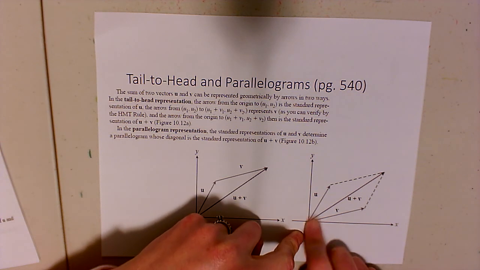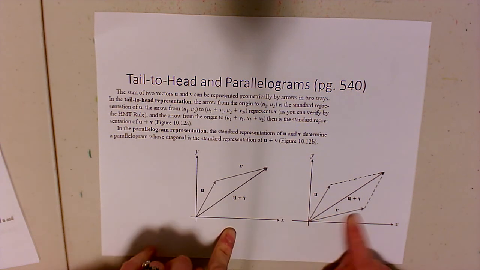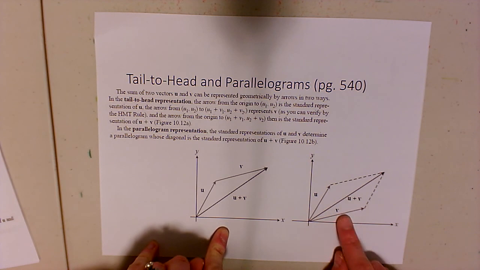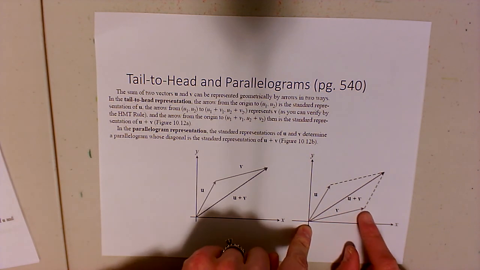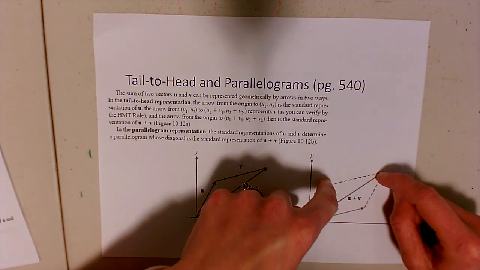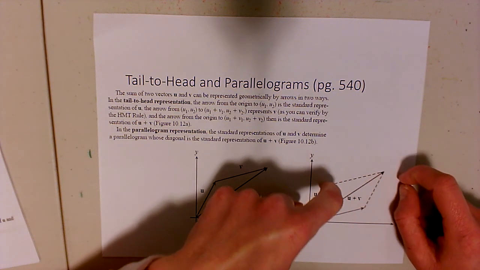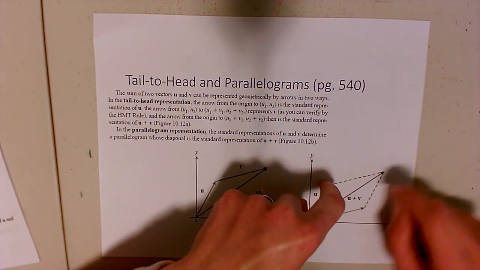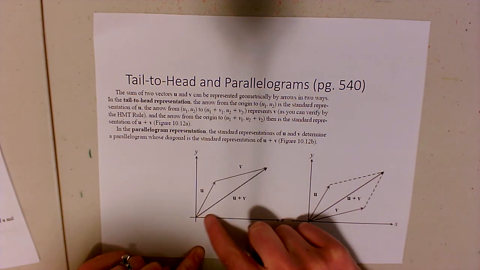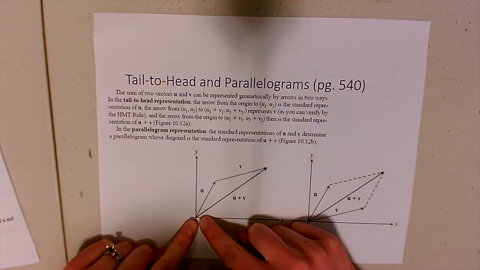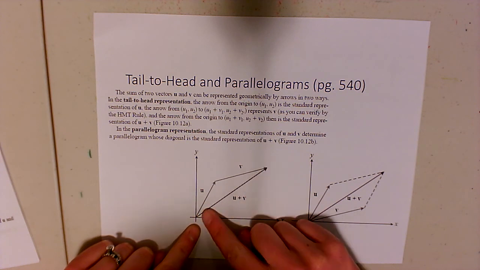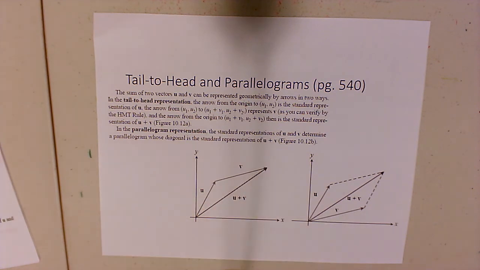So u is going up here, v is going over here, and we want to add u plus v. You take your vector v, slide it up, put the tail of v at the head of u, and then connect the dots. That's what we did in this graph here. And whatever angle this is, and whatever magnitude this is, is your new vector.